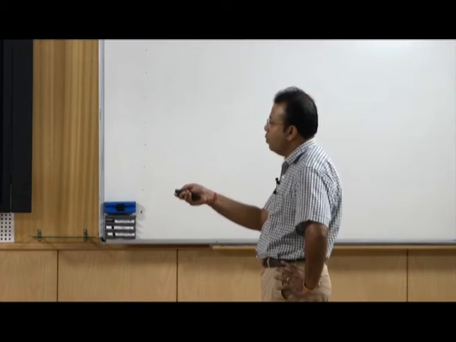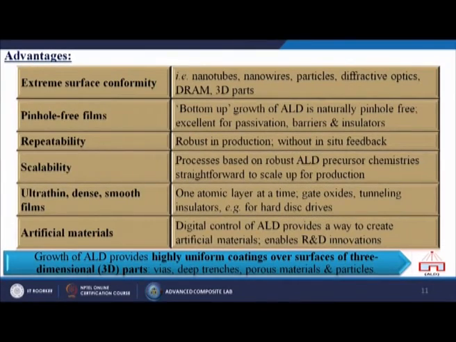So, repeatability, robust in production without in situ feedback. Scalability, process based on robust ALD precursor chemistries, straightforward to scale up for production. Ultra thin dense smooth films, one atomic layer at a time, good for oxides, tunneling insulators or hard disk drives. So, we can go for a single layer, we can go for different layers, we can minimize or increase the layer thickness.